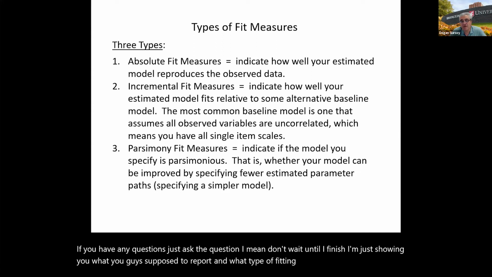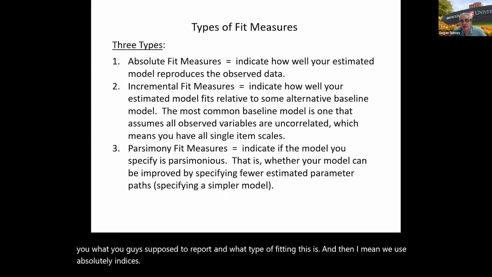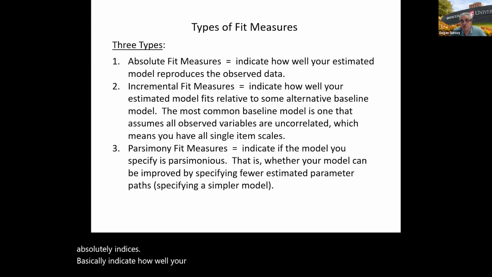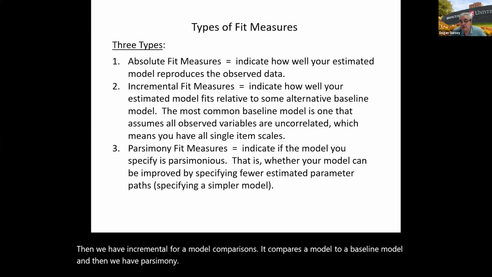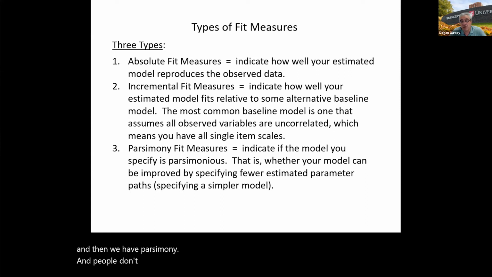We have the absolute fit indices, which basically indicate how well your estimated model reproduces observed data. Then we have incremental fit indices for model comparisons. They compare the model to a baseline model, and then we have parsimony. People don't pay much attention to parsimony fit measures, but those are very important because you want a parsimonious model.